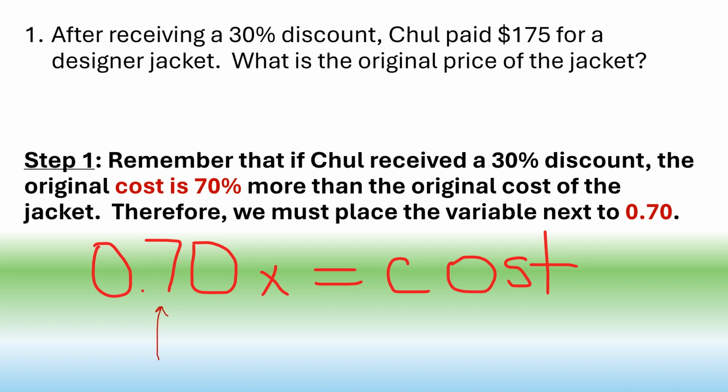Remember, Chul paid 70% of the original cost of the jacket, therefore we must place a variable next to 0.70 and get an x, which equals the cost now. The cost now is going to lead to the original cost.